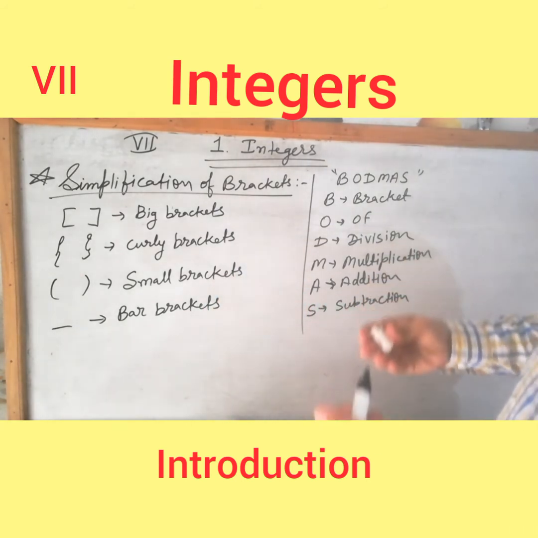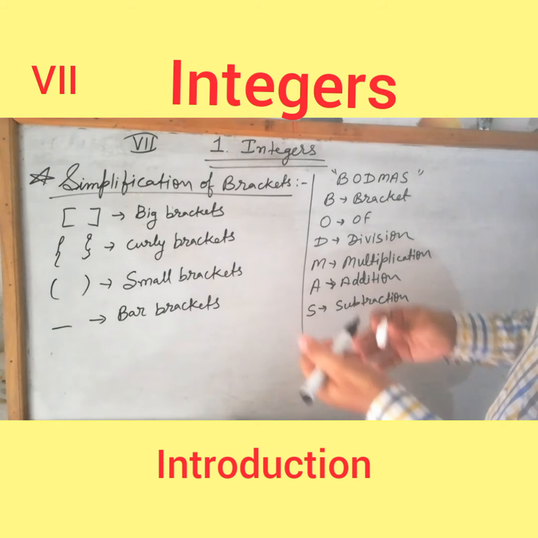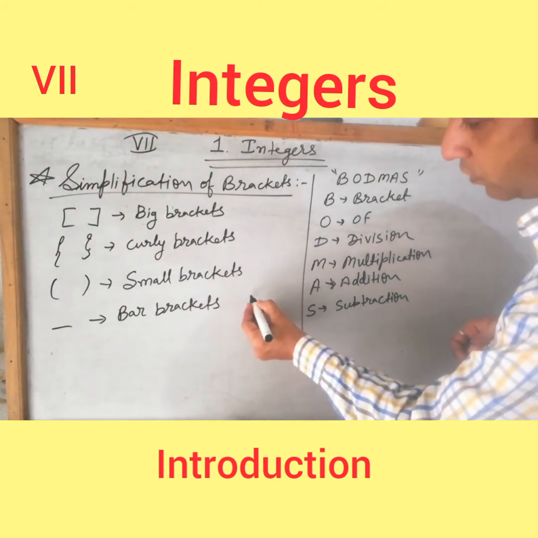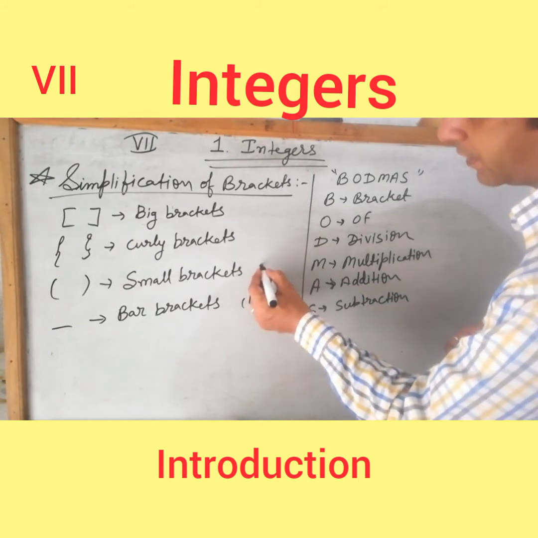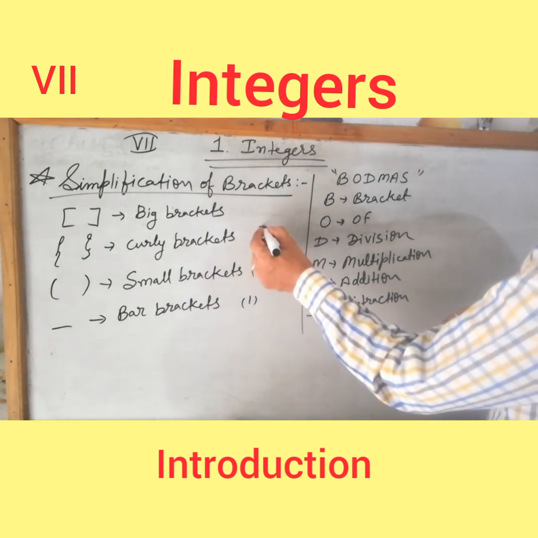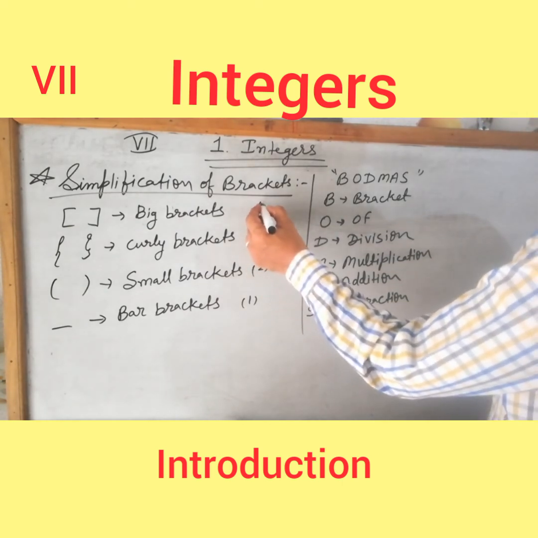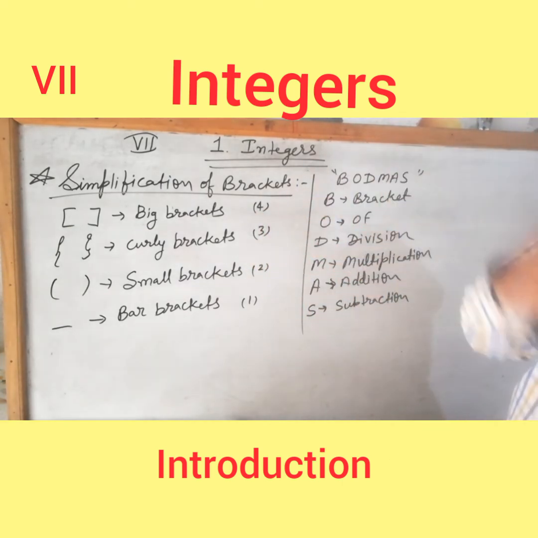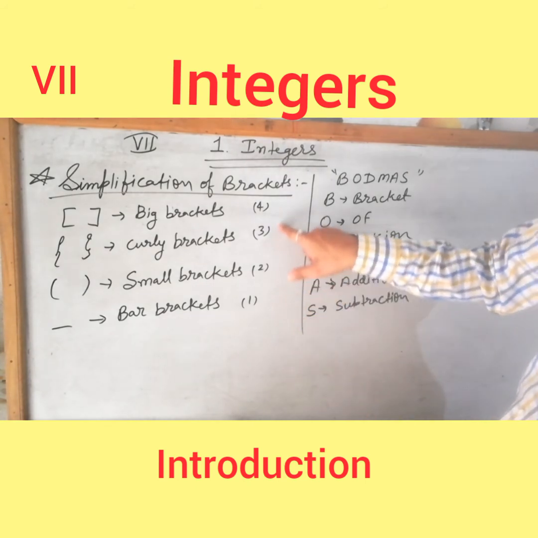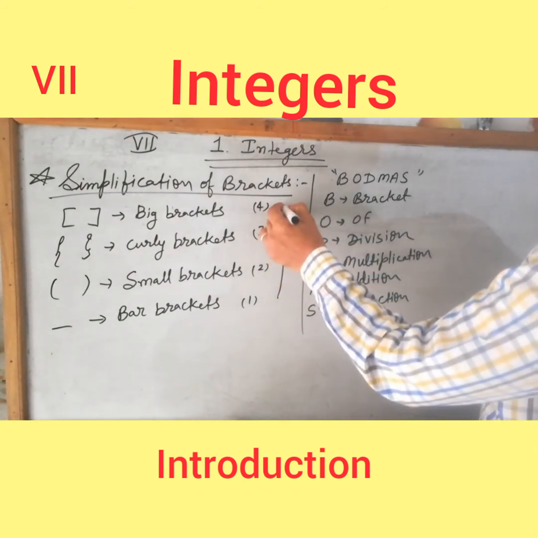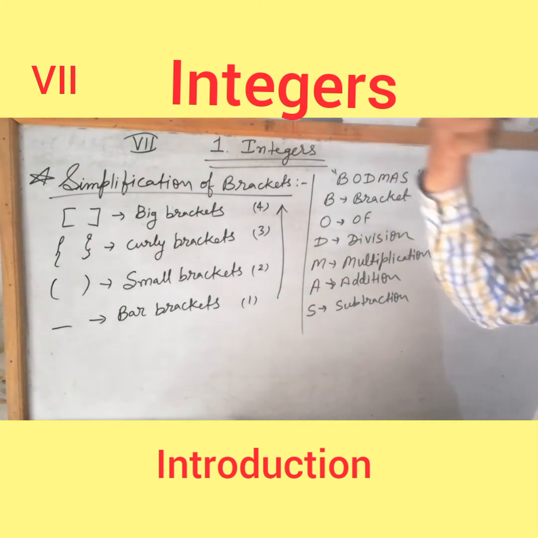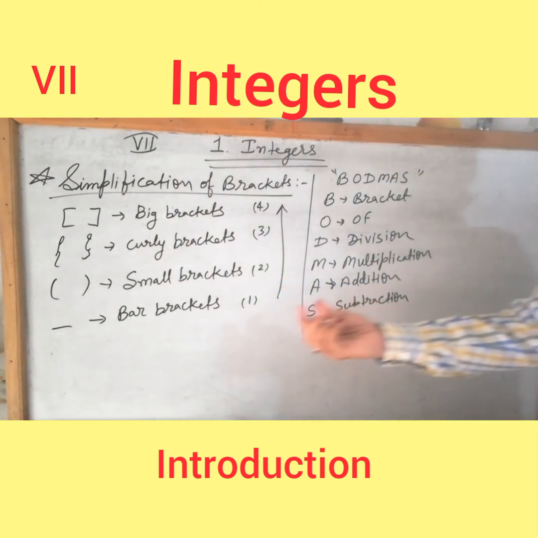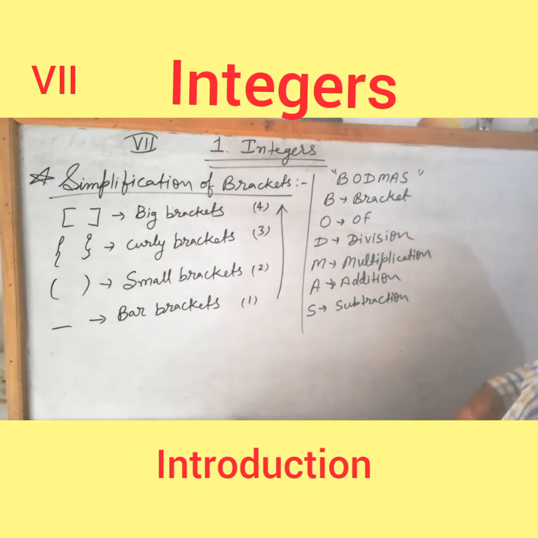So whenever we solve brackets, we solve first the bar bracket, second the small bracket, third the curly bracket, and fourth, the last, the big bracket. So this is the actual sequence to solve the brackets when all the brackets come together in any problem.